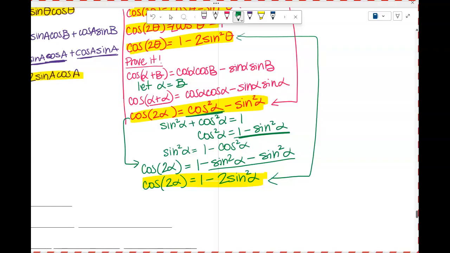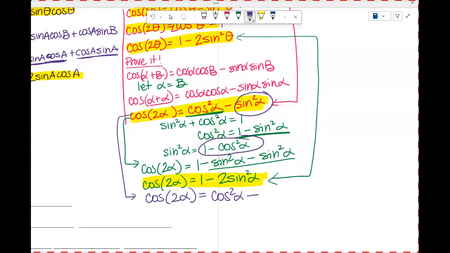Now, we can also show you guys how we get the last one. So cosine of 2 alpha is, this time I want to take away the sine square. So cosine square of alpha minus, well, sine square is the same as 1 minus cosine square.